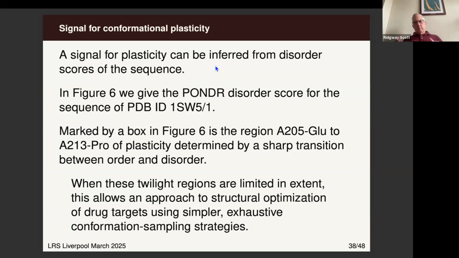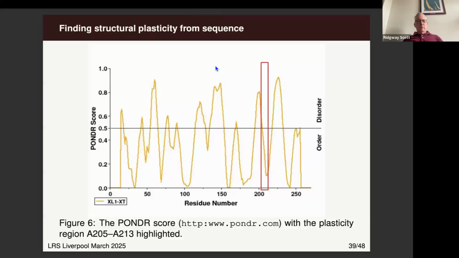So we take Pondor and run her sequence through it, and we find that there are certain dehydrons in certain places. Maybe in these regions, we need to think about it. So let's look at this picture. We run the sequence through and find a particular transition zone right here that happens to be the region where we know the binding occurs.